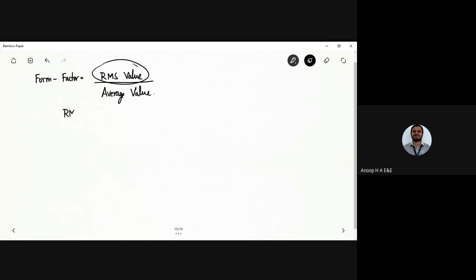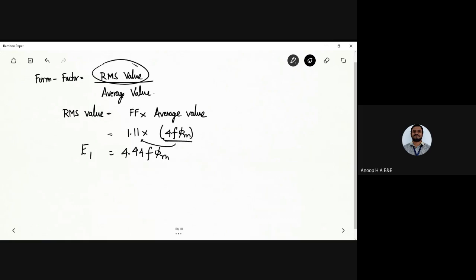This is the RMS value, and we have form factor into average value. What is the form factor? 1.11. I got the average value as 4 into f into phi m, so that would be 4.44 f phi m. This is the average value that I have multiplied here with 1.11.